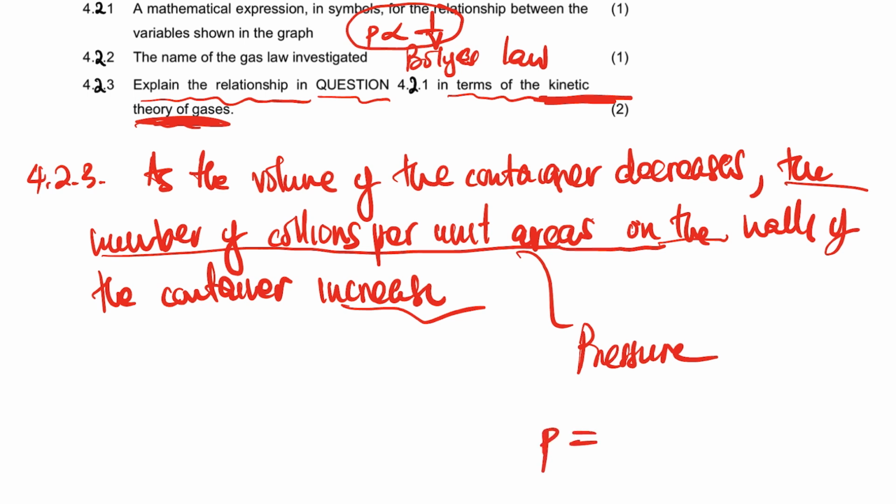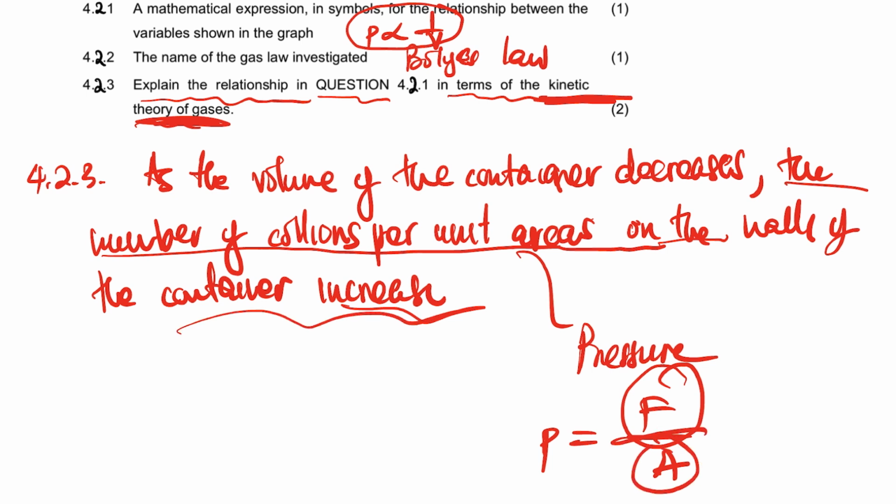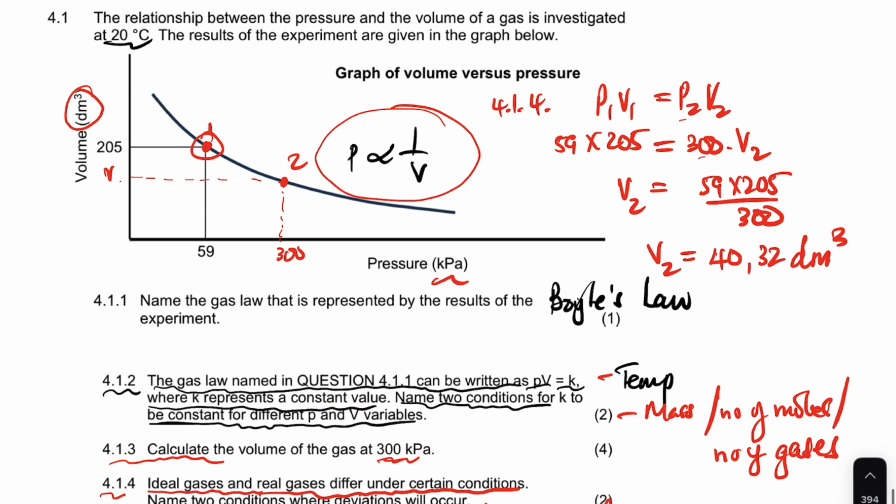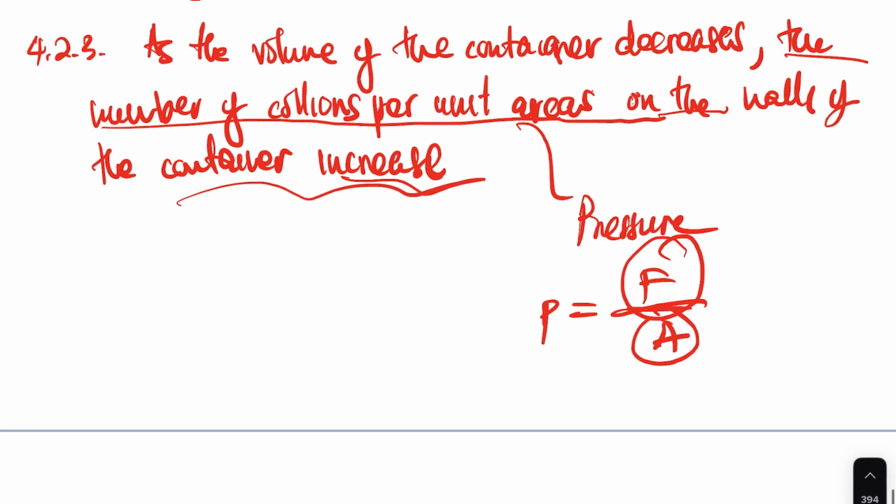Pressure is force per unit area, which is the collisions per unit area on the container. So as the volume decreases, the pressure increases. I hope I make sense.